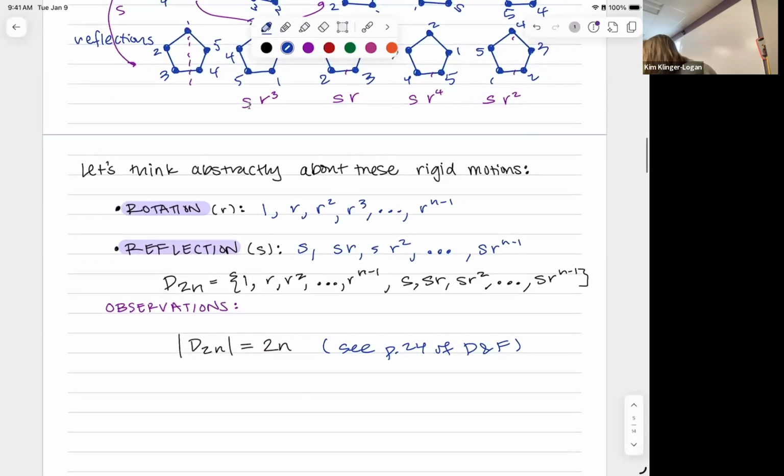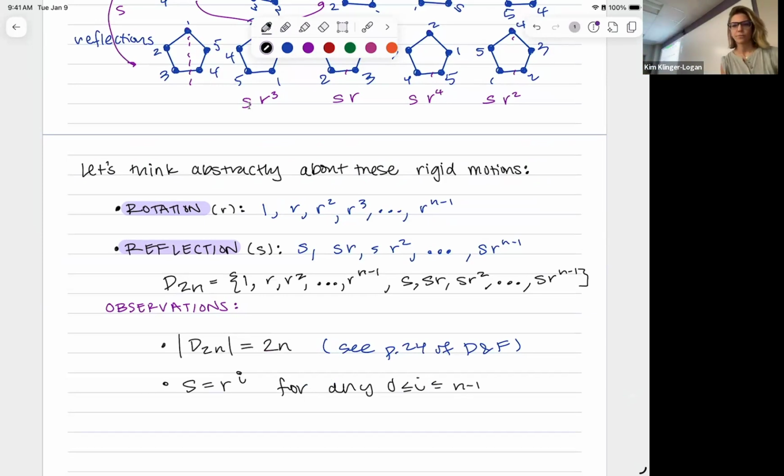So one thing we noticed that we said out loud is that S does not equal R to the I for any I. Cool. So if I just do a reflection, it's not going to be already taken care of by some rotation.